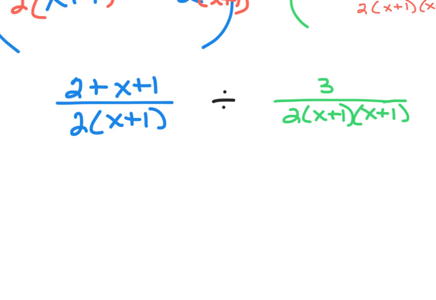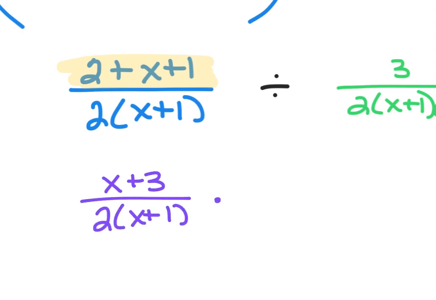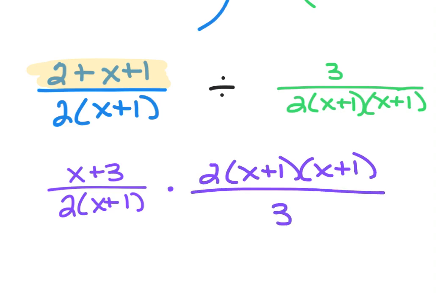Now I'm going to flip the second, so I'm going to rewrite this whole thing, and I'm going to flip the second fraction. I'm also going to simplify this first numerator, combine the like terms there. So I've got here x plus 3 over 2 times x plus 1 times, and then flip 2 times x plus 1 times x plus 1 all over 3.